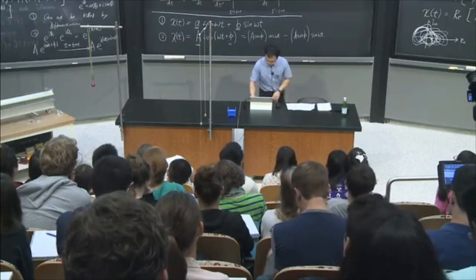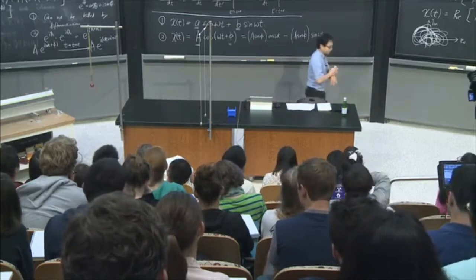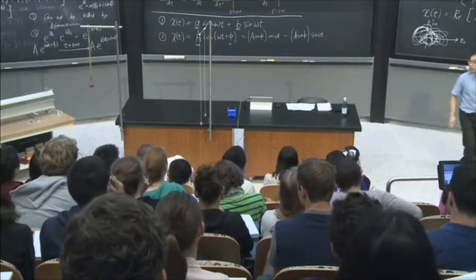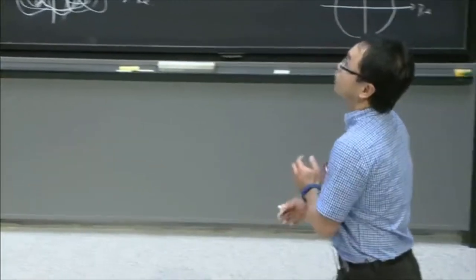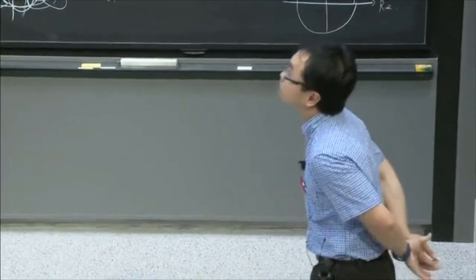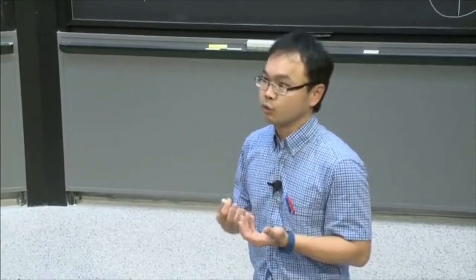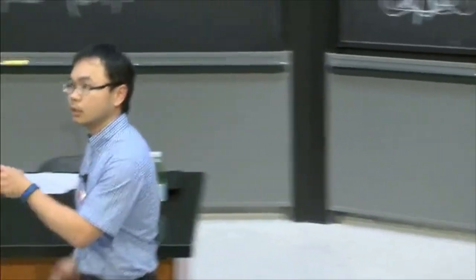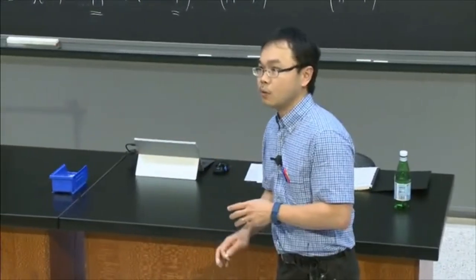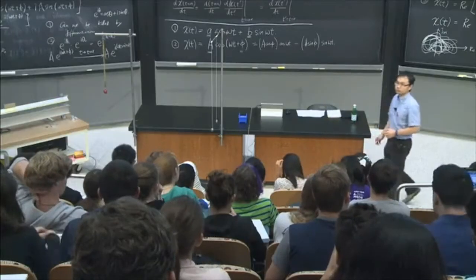Okay, so I am running a bit faster today. Let's take a look at what we have learned today. We have analyzed the physics of a harmonic oscillator. We started by asking just a verbal question: what is going to happen to this mass on the table attached to a spring?